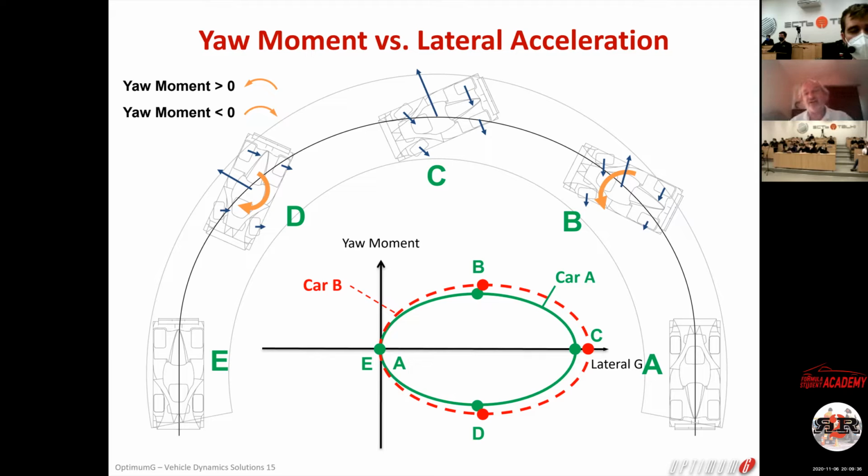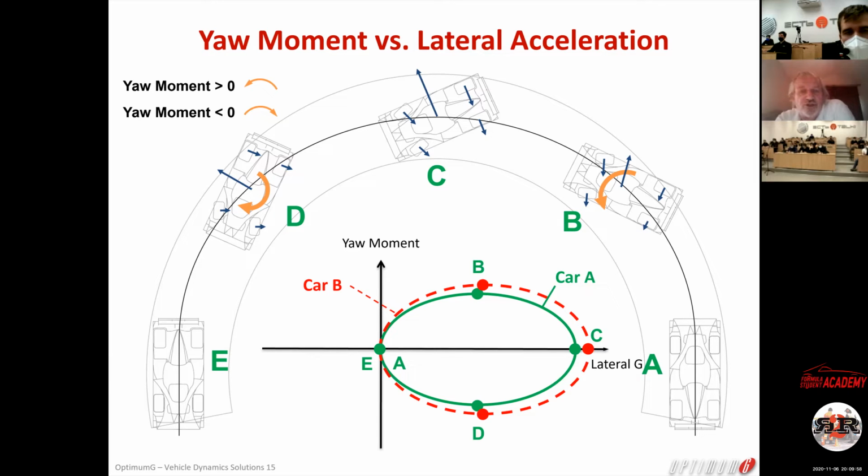Okay. Second one, you want to have the right amount of yaw moment to rotate the car. And here is given already a little intuitive explanation. If you have too much yaw moment, you have an oversteering car. If you don't have enough yaw moment, you have an understeering car.